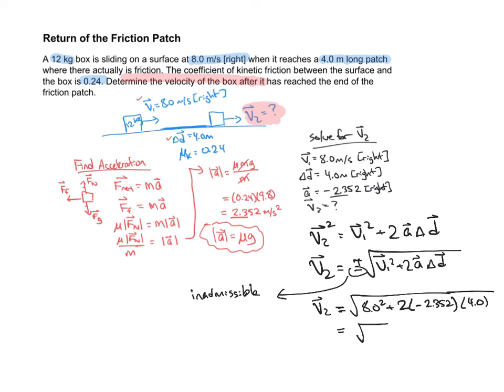Okay, go into the calculator here. Square root that, giving me 6.7 after rounding it to 2 sig figs.